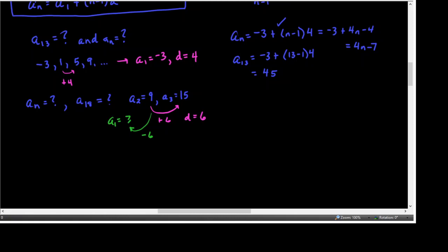So that means that a sub n is a sub 1, which is 3, plus n minus 1 times d, which was 6. And there's our a sub n. And then a sub 18 is 3 plus 18 minus 1 multiplied by 6.